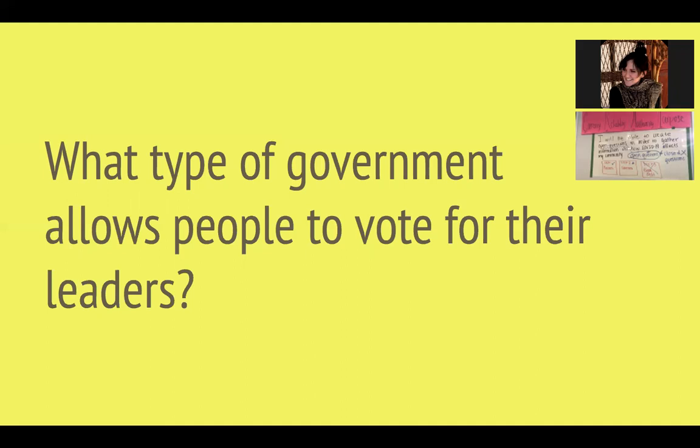If you said dictatorship, that would be incorrect, because in a dictatorship, there's one person on top who controls everything. So because there's a right answer and a wrong answer to this question, there's not a lot of different ways we can answer it. Because of those reasons, this can be considered a closed question.